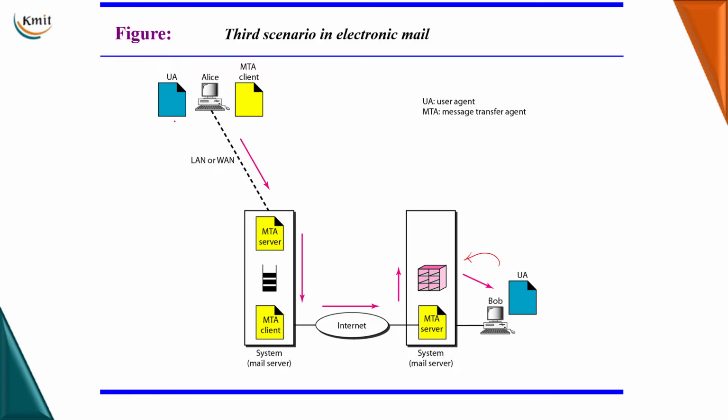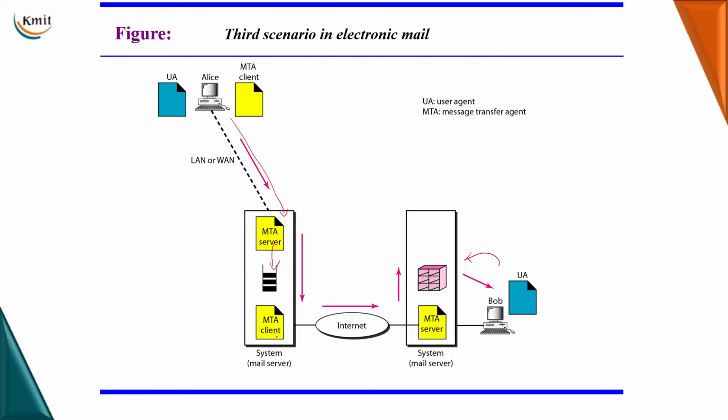So Alice will construct a mail using the user agent, and it will invoke an MTA client program that will establish a connection with the MTA server, which will help Alice in transferring its mail to the MTA server. The MTA server at this system will store the mail into a queue, where a queue is a list of mails that are to be sent.